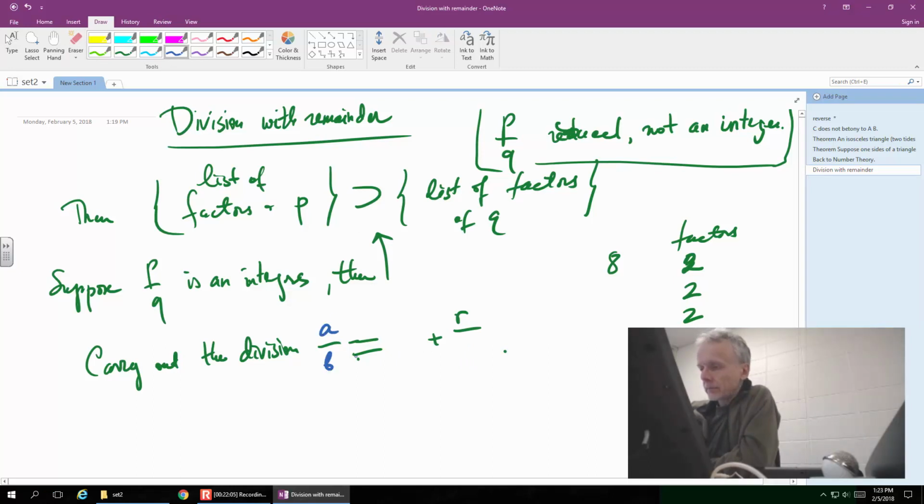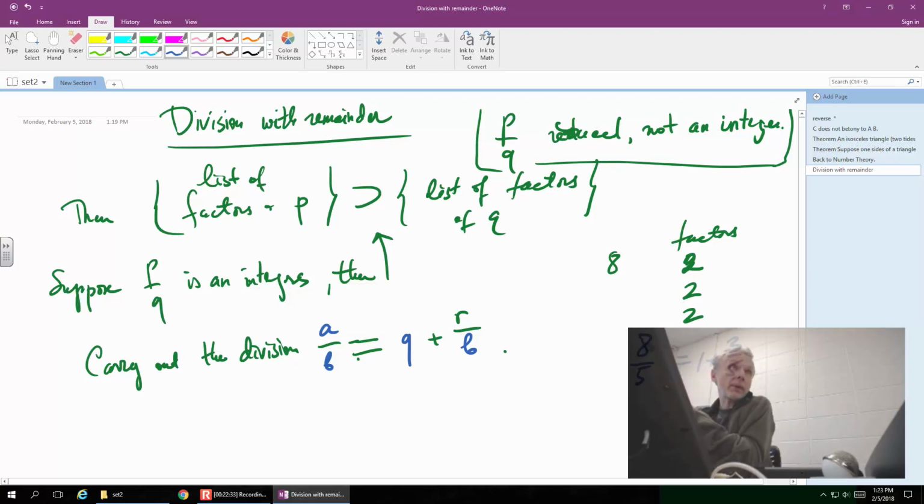A over B. So B will remain in the denominator, and this will be Q over here. Okay, so 8 over 5 is equal to 1 plus 3/5, right?